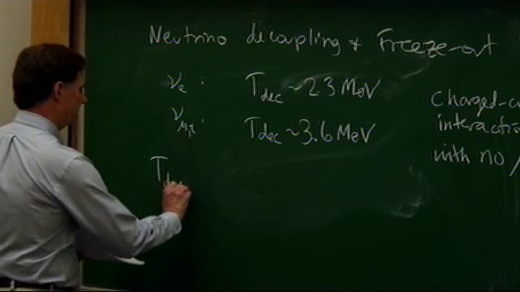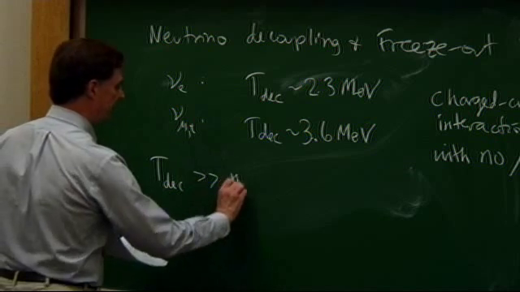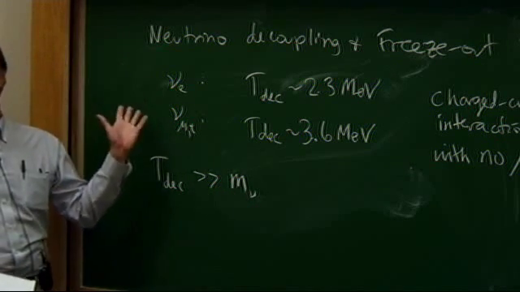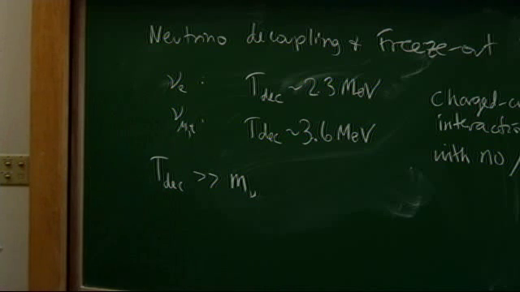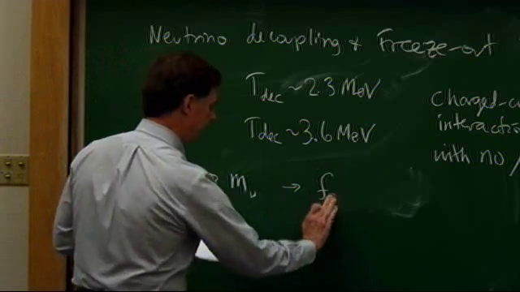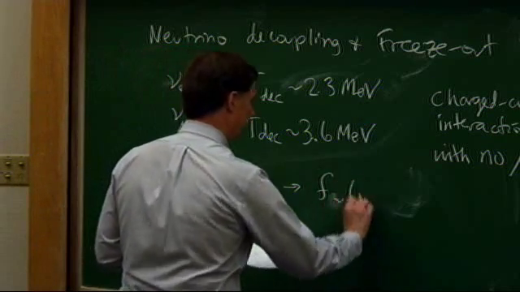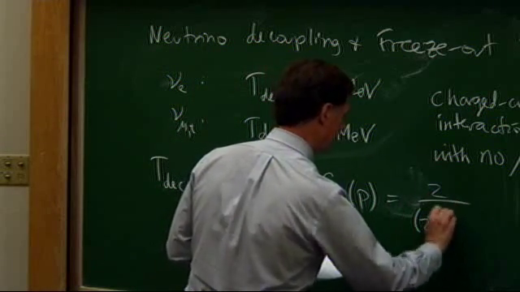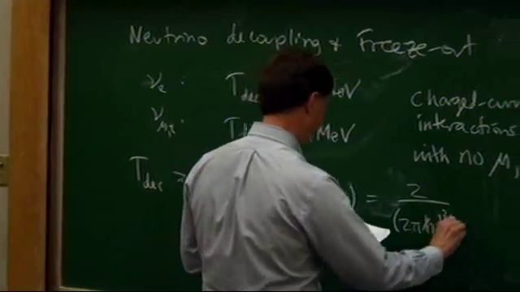So the decoupling temperature is much greater than the mass of the neutrino. We think the sum of the masses is less than about 2 electron volts from cosmological bounds. And that implies that the neutrino distribution function has a somewhat different form.